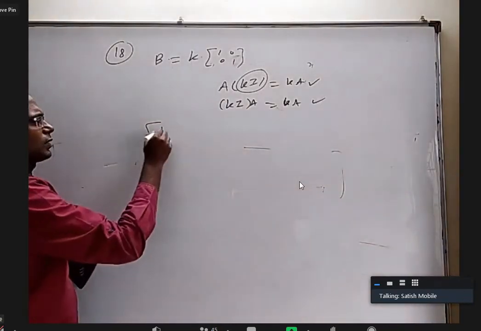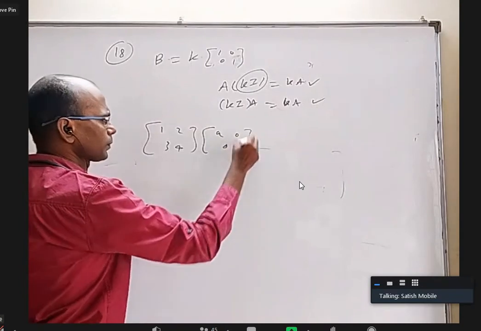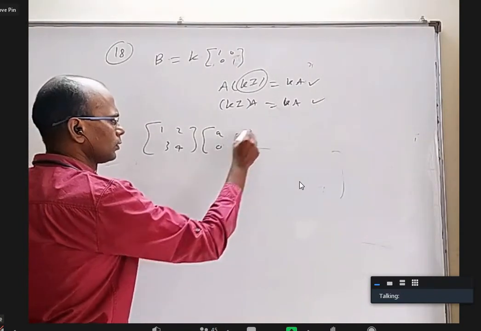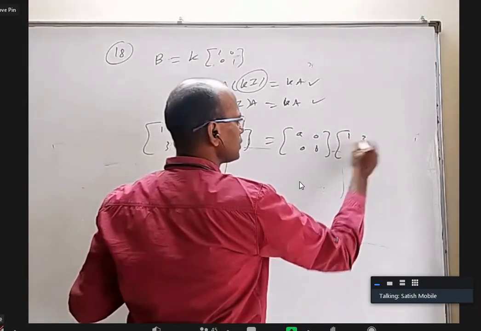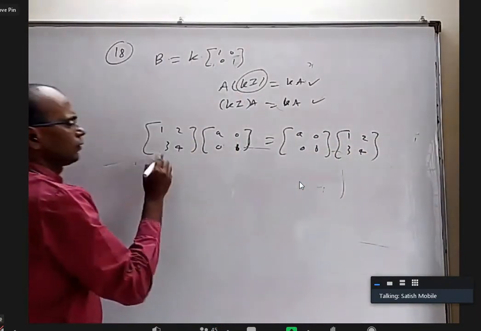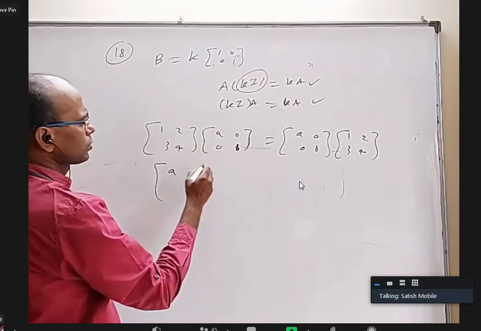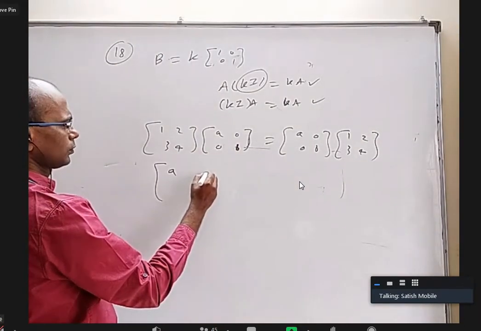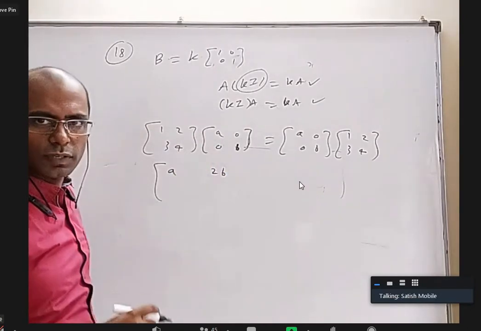Otherwise, simply take 1, 2, 3, 4 into A0, 0B, and here A0, 0B into 1, 2, 3, 4. When I multiply first row into first column, I'll get A. First row into second column is 2B. Please mute yourself. Somebody got unmuted.